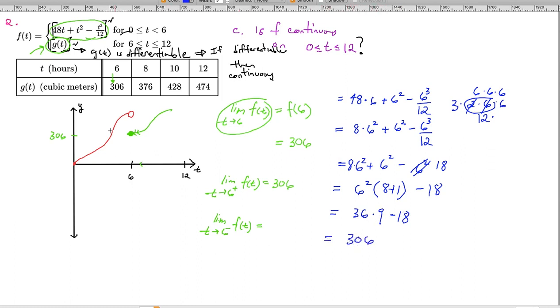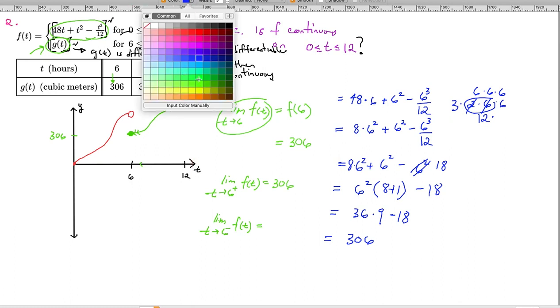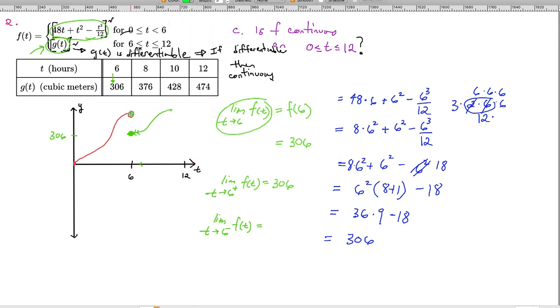Okay, and basically what you have here is that these two functions actually do meet. This right here is your case, and they meet right here at 306. You could say that the left-hand limit equals the right-hand limit.